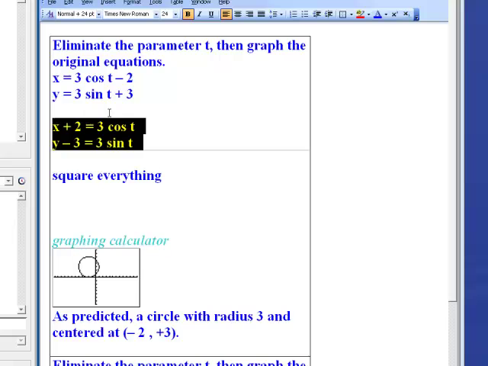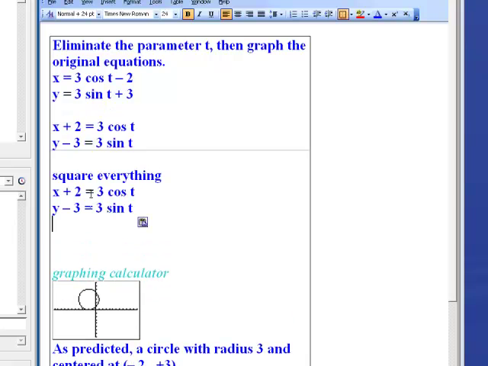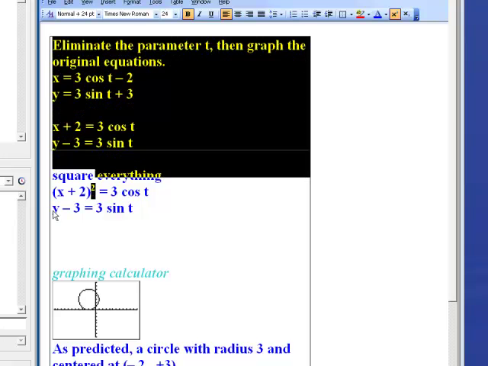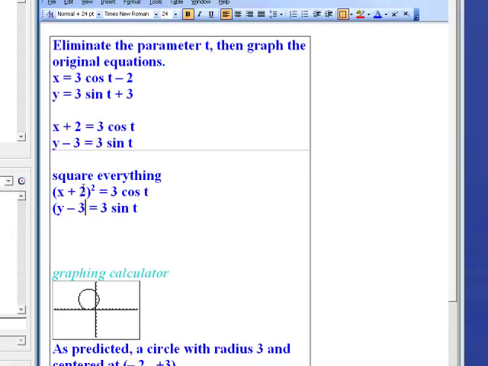So what we're going to come up with is this. Parentheses, square. And the right-hand side is being squared. So cosine squared, sine squared, and of course that's going to be 9, and that's going to be 9.